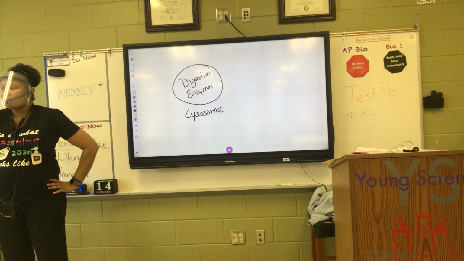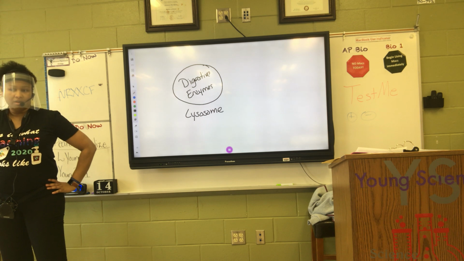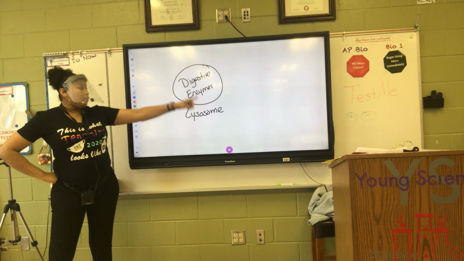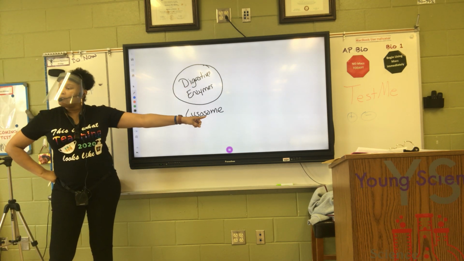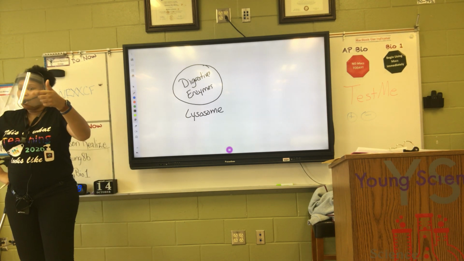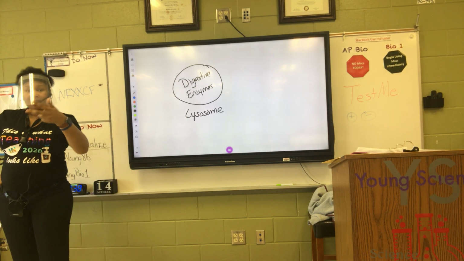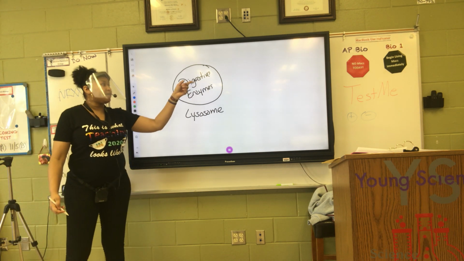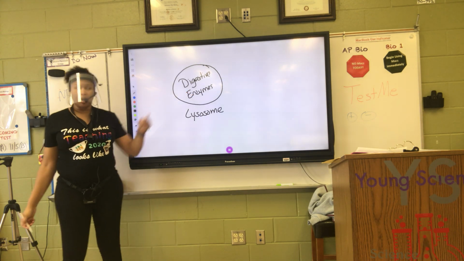When I say digestive enzymes, what does that make you think of? Okay, well, what is happening to it? Breaking down. So the job of the lysosome is to keep the cell clean. When organelles stop functioning, when bacteria or viruses get into the cell, their job is to get those things inside and break them down. Okay?